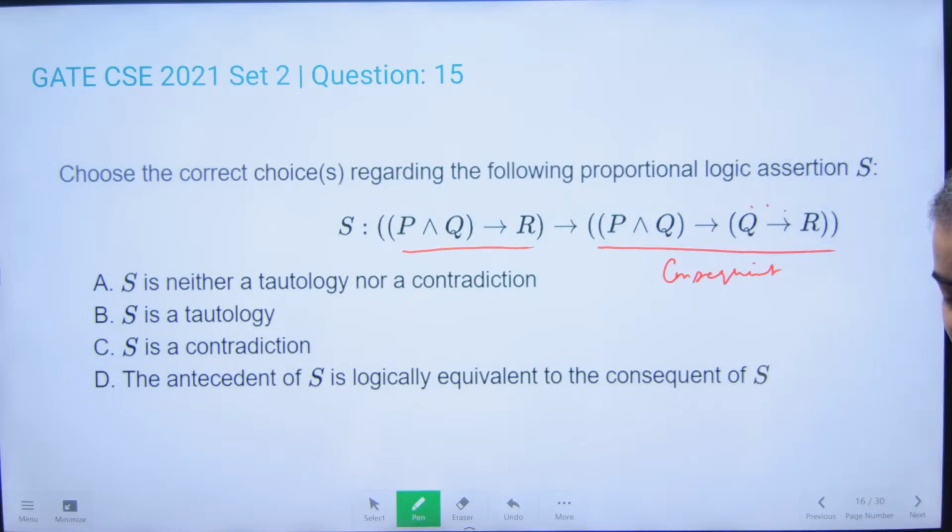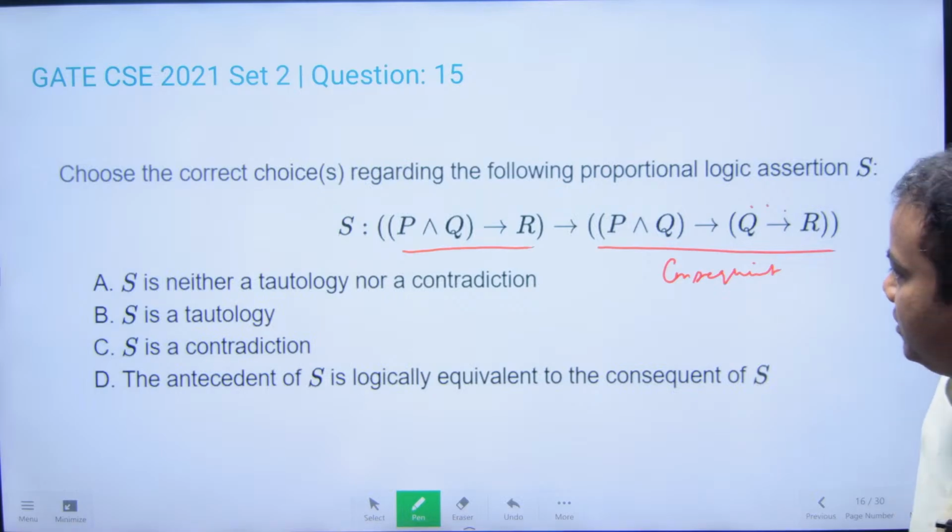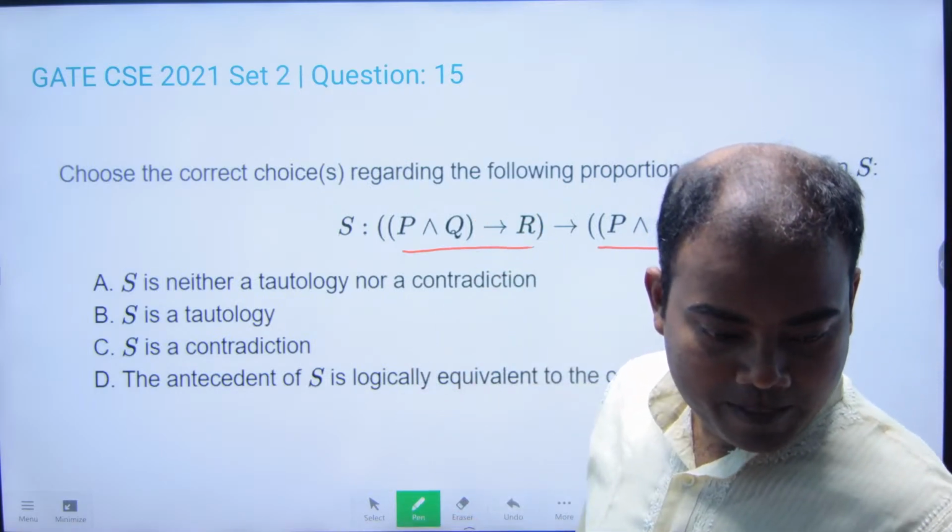Try to make the truth table of this side first.